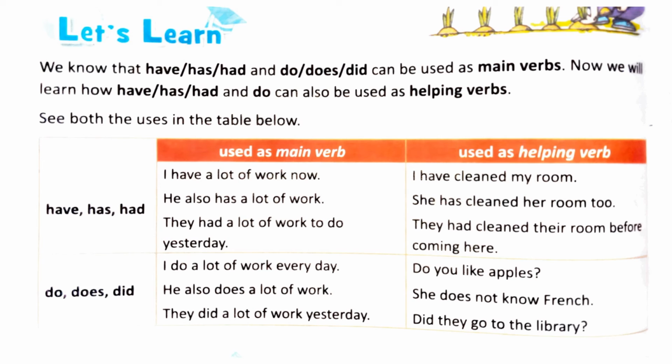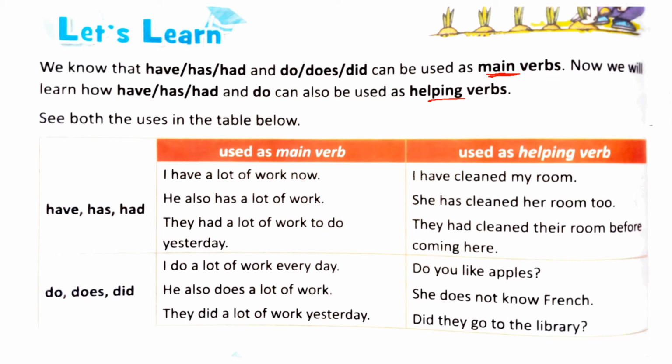Now we know that have, has, had and do, does, did can be used as main verbs. Now we will learn how have, has, had and do can be used as helping verbs. Let's understand this with the help of this table. So let's see have, has, had first. Used as main verb, we have already discussed how they can be used, right?